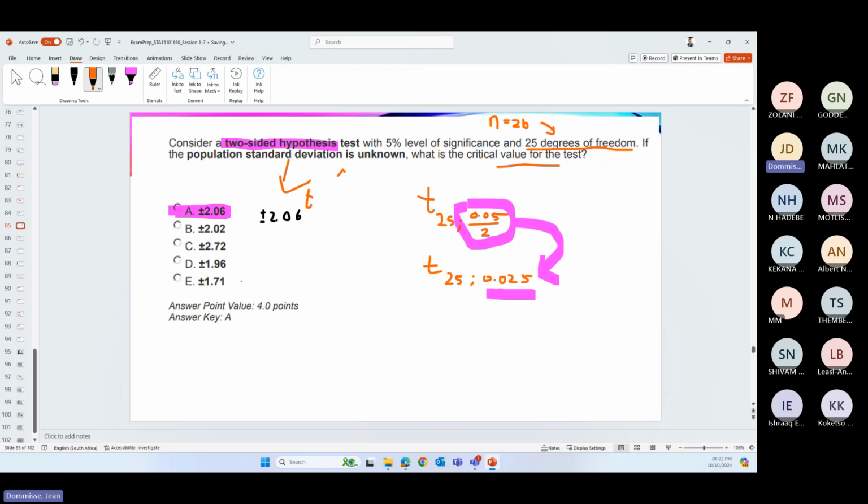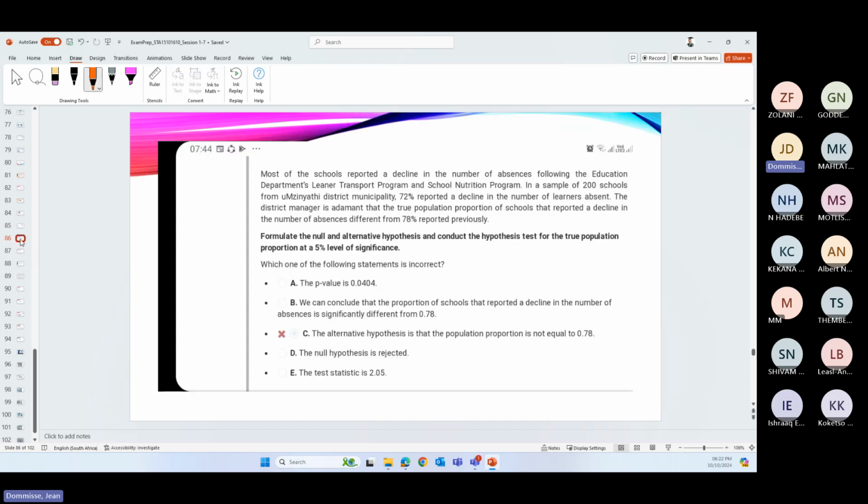If you used Z of 95, there would have been an answer for you as well. So if you did not incorporate the degrees of freedom, but went to a Z because of a 5%, there is an answer for you as well. Just those small things that play an impact on your answers.